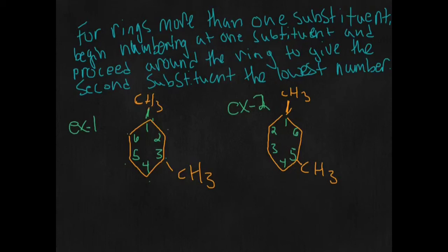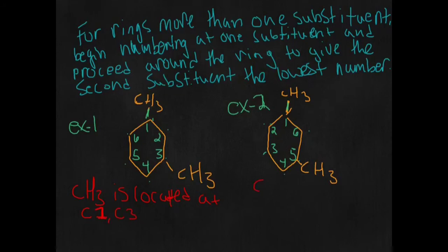Over here we started at the same spot, but we went a different way, on this side: 1, 2, 3, 4, 5, 6. Now, what we're told to do is go around to give the second substituent the lowest number. Let's see which one's right. Our CH3 is located at carbon 1 and carbon 3.